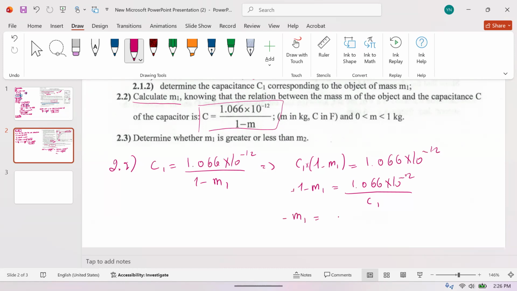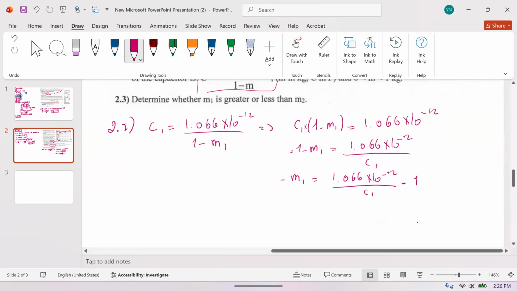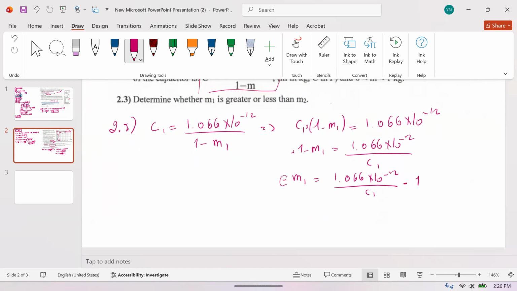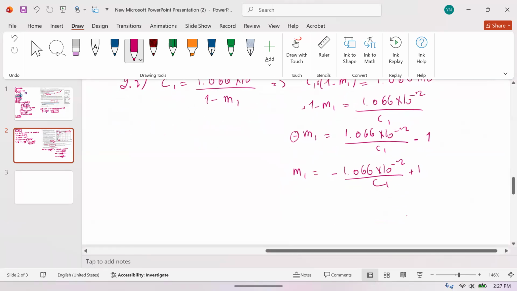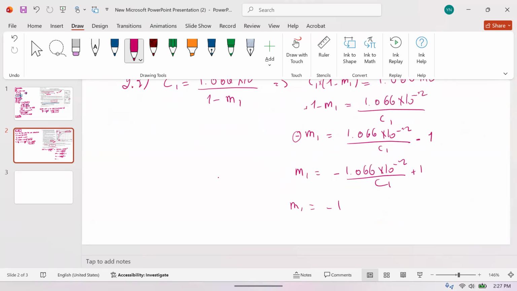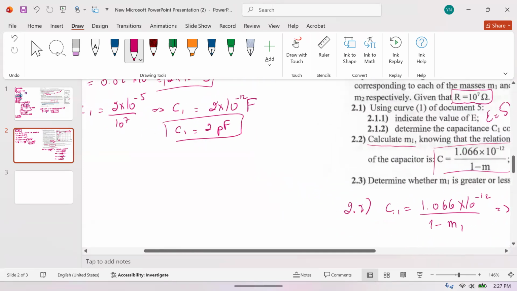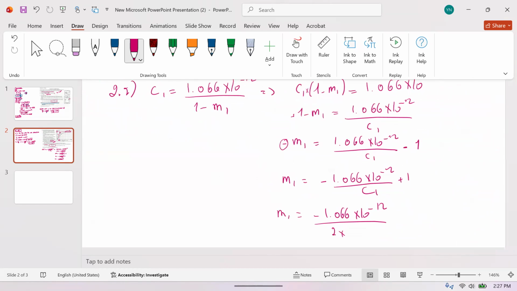So minus M1 equals 1.066 times 10 to the power minus 12 over C1 minus 1. Then, to remove this negative sign here, we have to change the signs of the whole equation. So I will get M1 equals minus 1.066 times 10 to the power minus 12 over C1, plus 1. And now you can simply replace the values: C1 is 2 times 10 to the power minus 12. Always we use the SI unit, always.